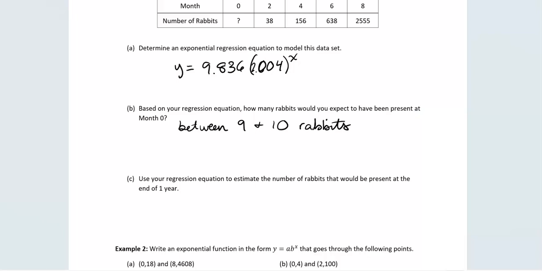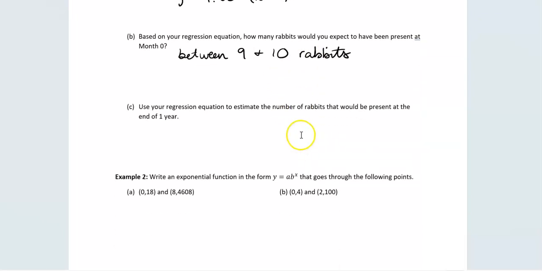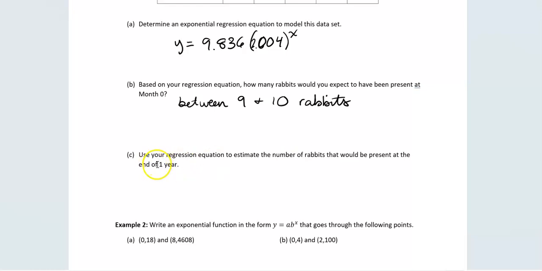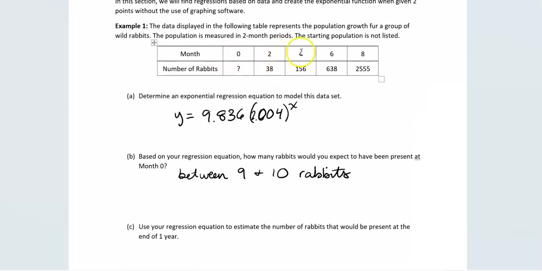And anytime we find a regression, we're normally looking at something else also to use that regression equation. So now we're going to use that regression equation to find the number of rabbits at the end of year 1. And all that means is that we're going to take the number 1, we're going to plug it in right there, or I'm sorry, that's not true. We're talking about months. So at the end of 1 year, how many months have passed?